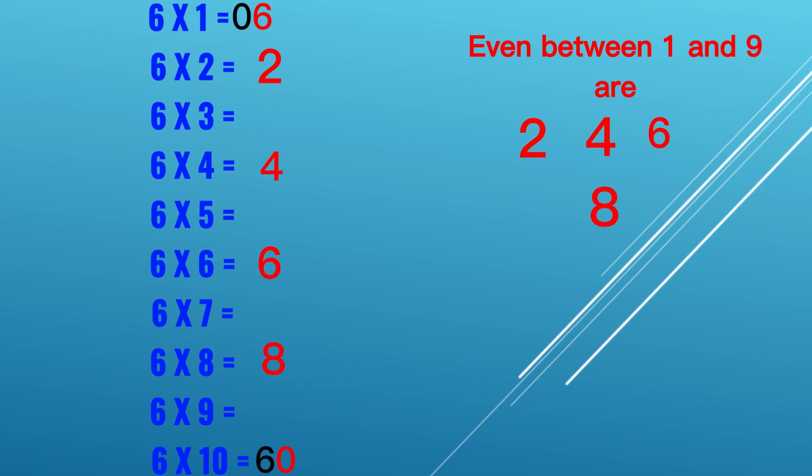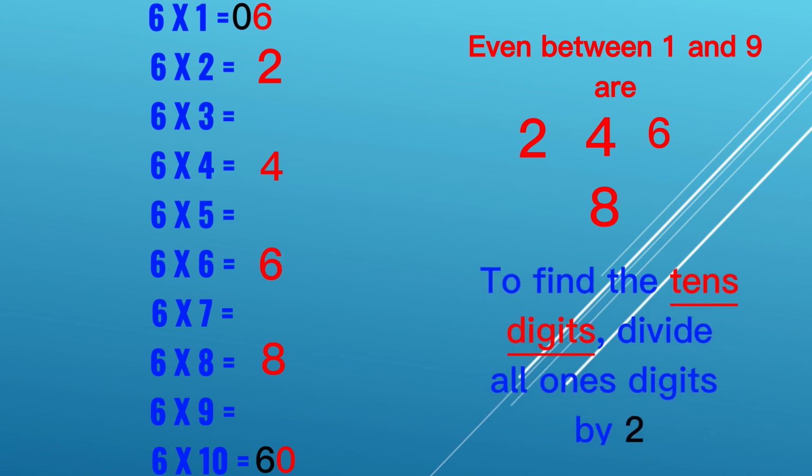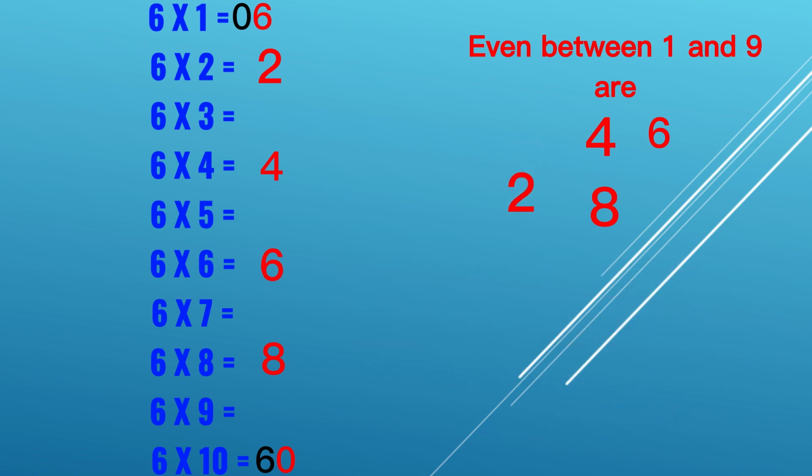The tens digit is going to be found by dividing each and every single ones digit by 2.